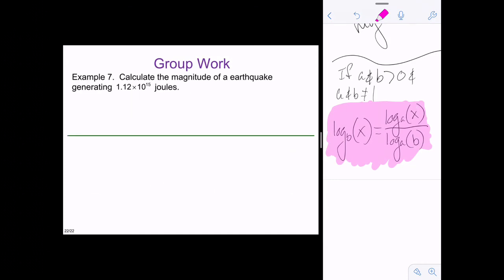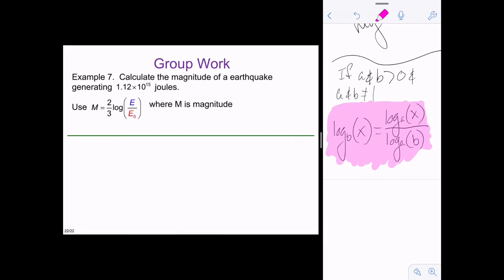All right, our last thing that we have is another word problem. So this time we're going to calculate the magnitude of an earthquake generating 1.12 times 10 to the 15 joules. All right, so we are going to use this formula. M is equal to 2/3 times the common log of E divided by E naught.